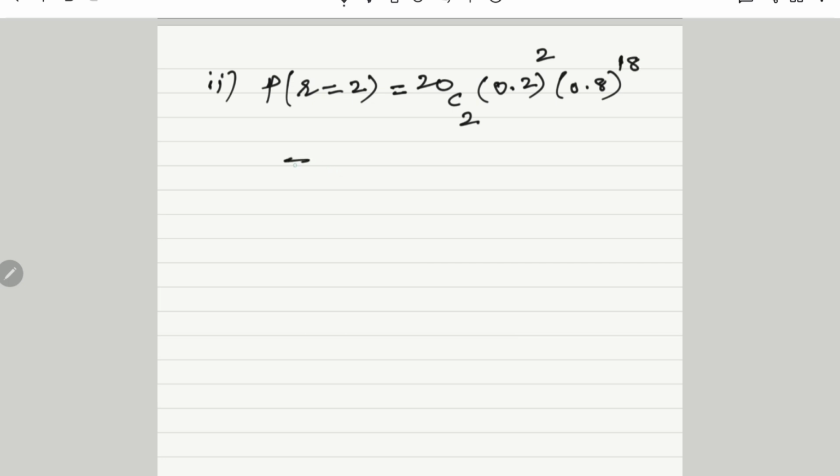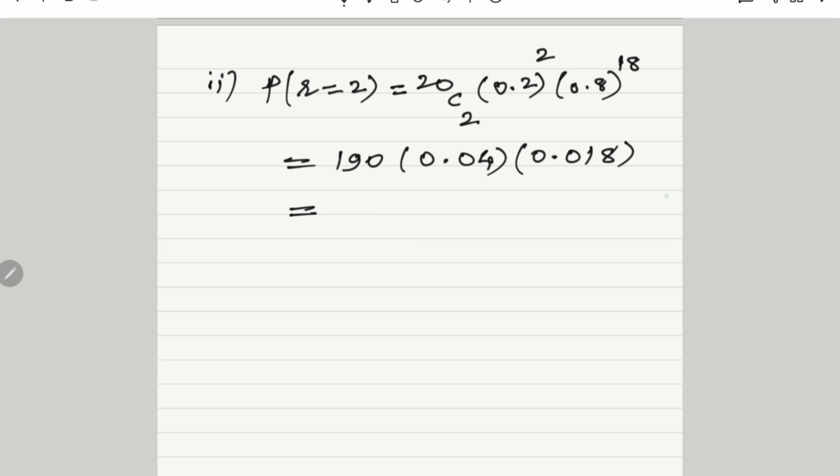And then by calculator, if we perform the value 20C2, we get 190, 0.2 raised to 2 as 0.04, and 0.8 raised to 18 as 0.018. Check all this calculation by yourself also.